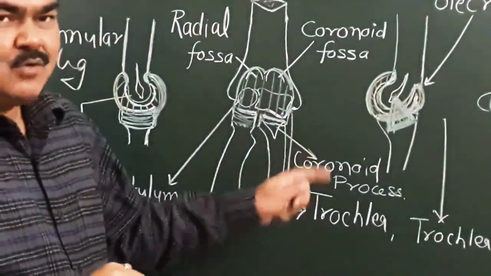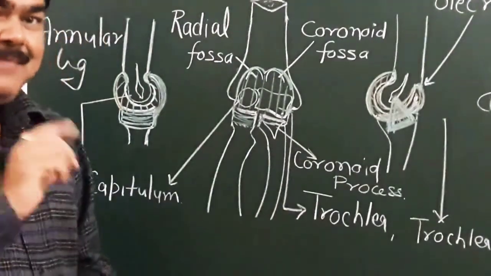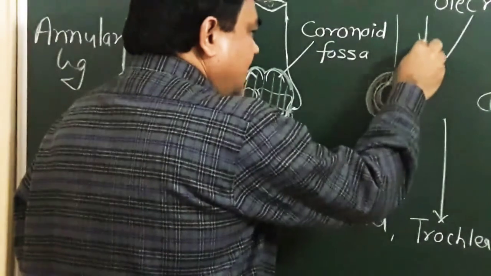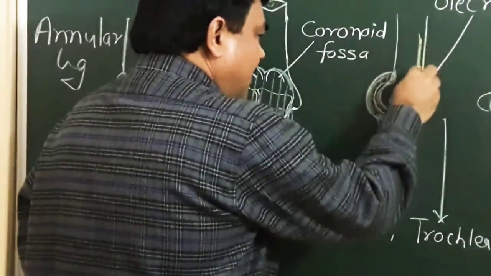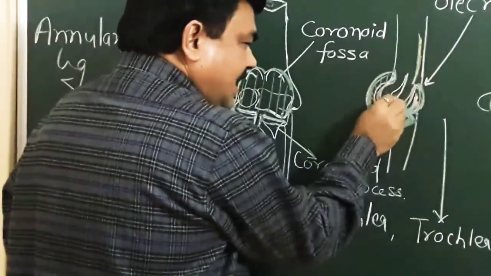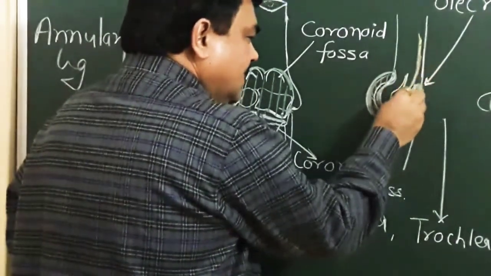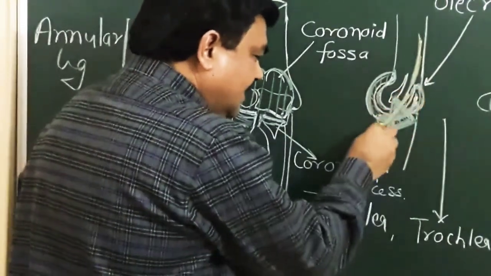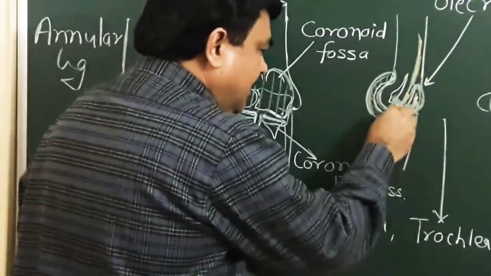This ligament is crossed by the ulnar nerve. It passes behind the medial epicondyle of the humerus from here, and it crosses this joint like this. This nerve becomes anterior to this.